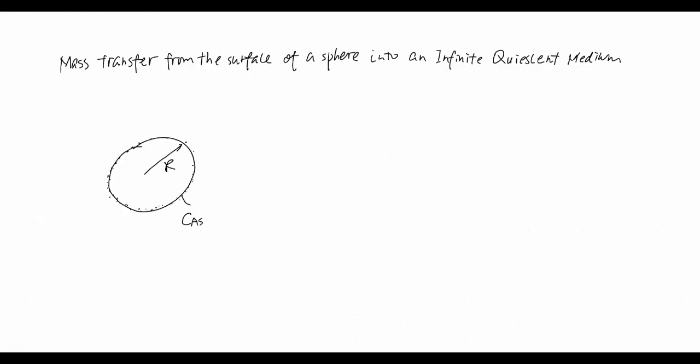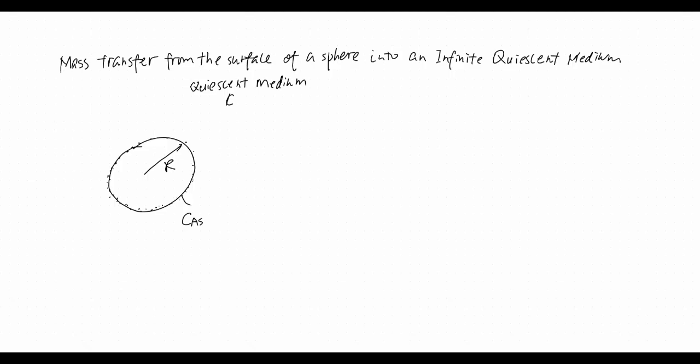And then you have a medium which is infinitely large surrounding this sphere. And then we assume this is a quiescent medium. At the same time, we assume the concentration in the quiescent medium is CA infinite.